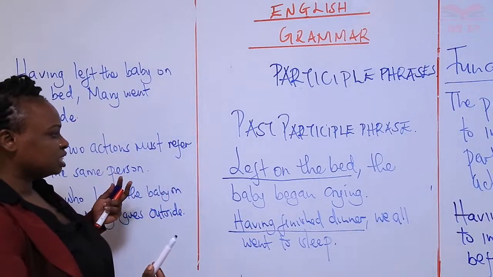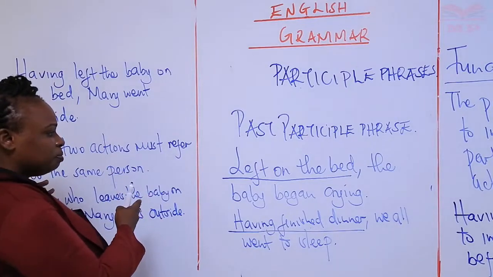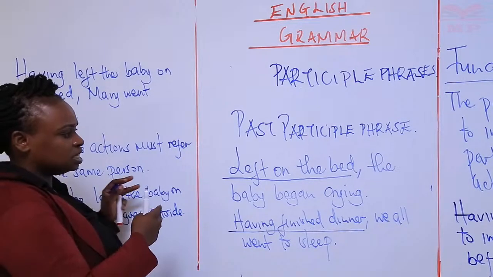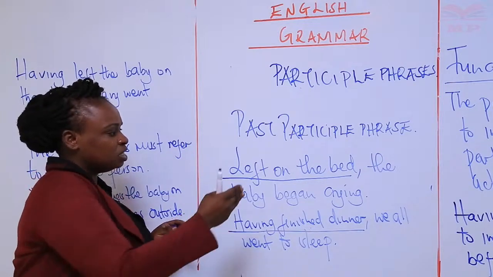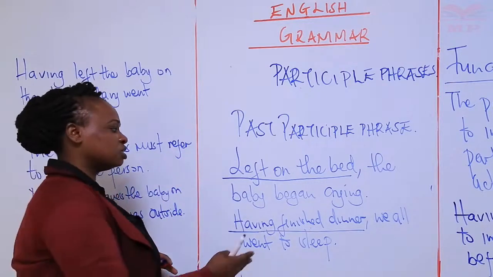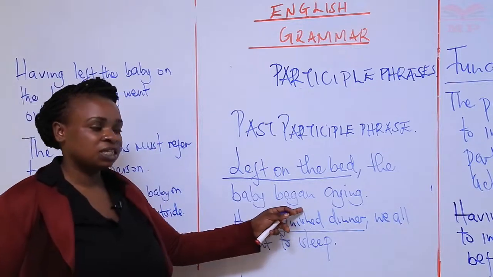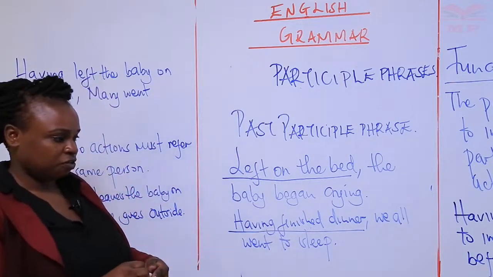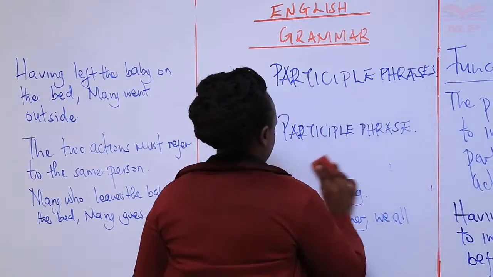These are just participle phrases that refer to different things. The action in the participle phrase is performed by a different person. Okay, so the two actions do not correlate, in the sense that the action in the participle phrase is not performed by the person in the main phrase.